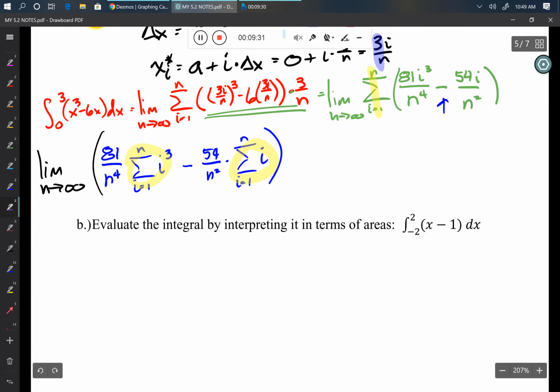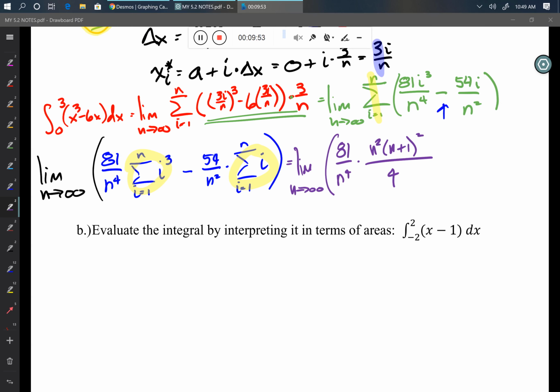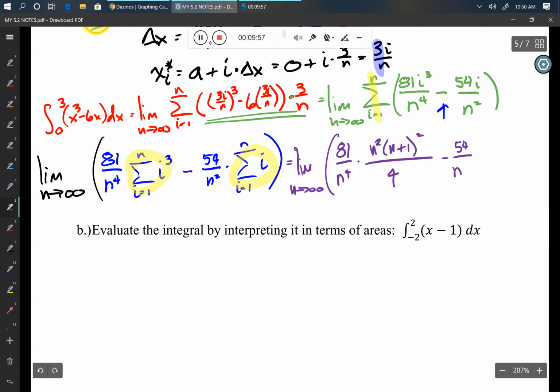Right? So now this gives us the limit as n approaches infinity of 81 over n to the fourth times, i cubed became n squared times n plus 1 squared over 4, and minus 54 over n squared times n plus 1 over 2.